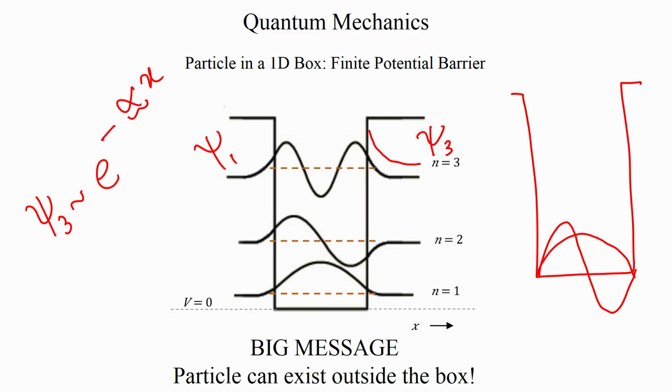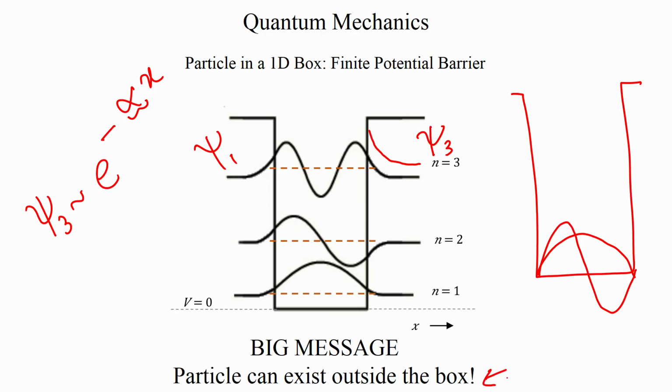According to classical mechanics, the particle can never climb over the barrier. But by solving Schrodinger's equation, we find that the wave function exists outside this well and it decays exponentially with the distance. So that's a very big message.